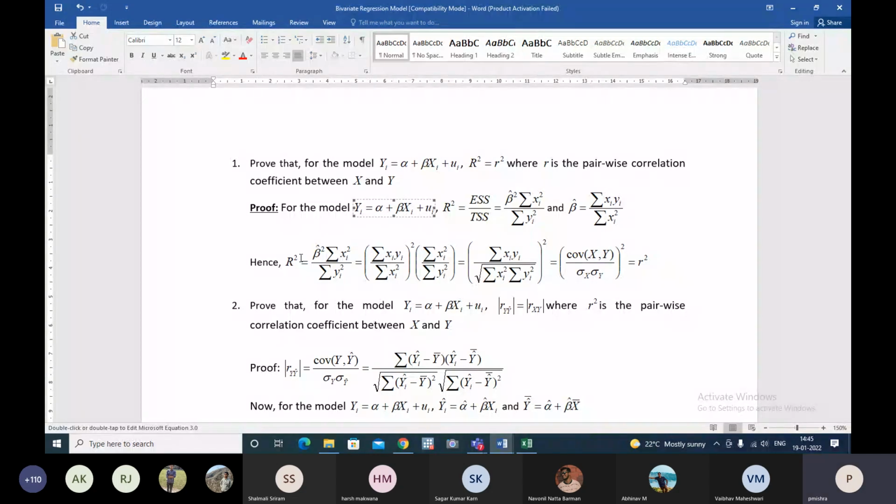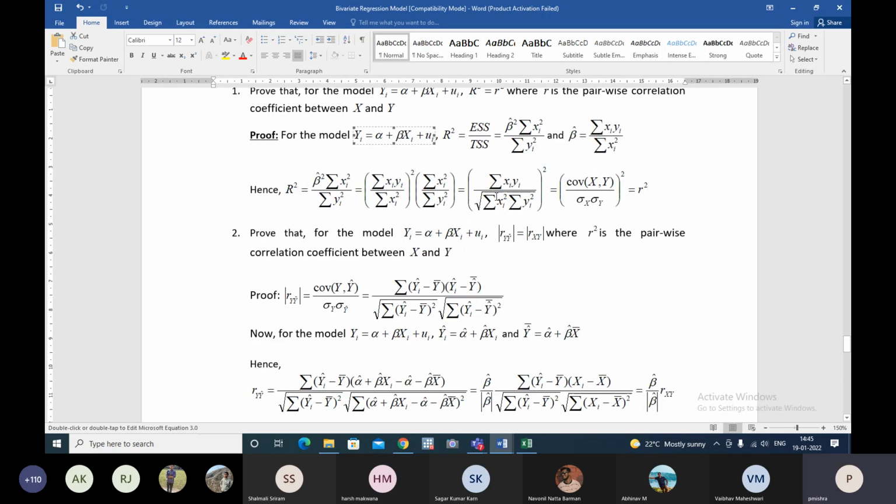At the same time, empirically we had seen that the modulus of multiple r is equal to the modulus of small r, that is the pairwise correlation coefficient between x and y. And you know this is multiple r, that is the correlation coefficient between y and y hat. And you know the logic that y hat i is nothing but a linear transformation of xi.